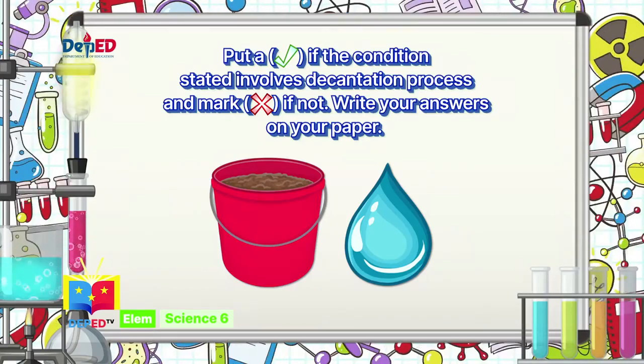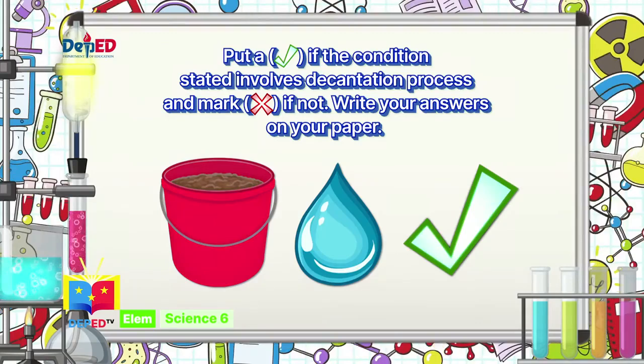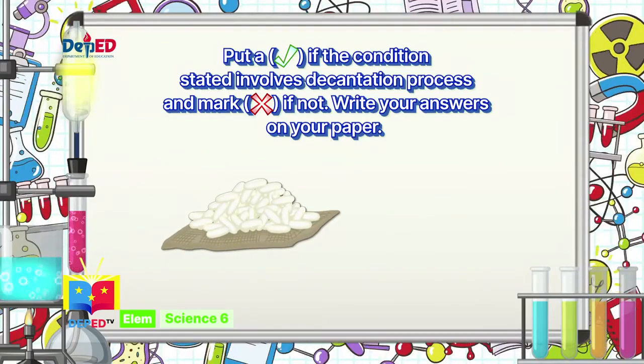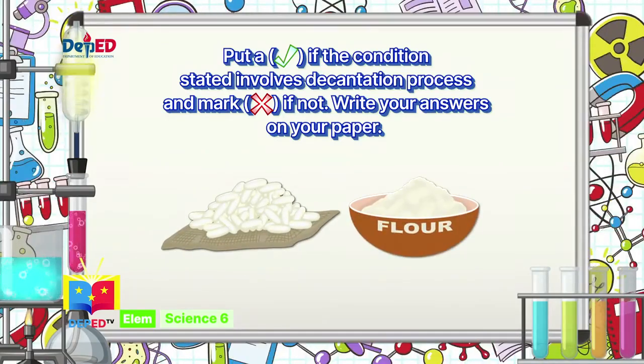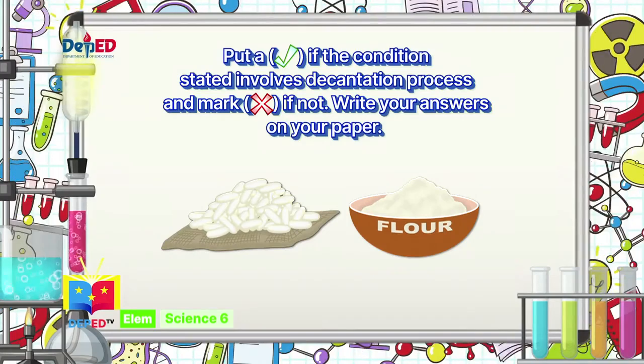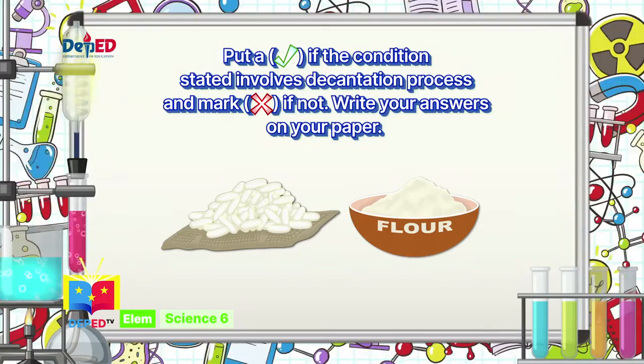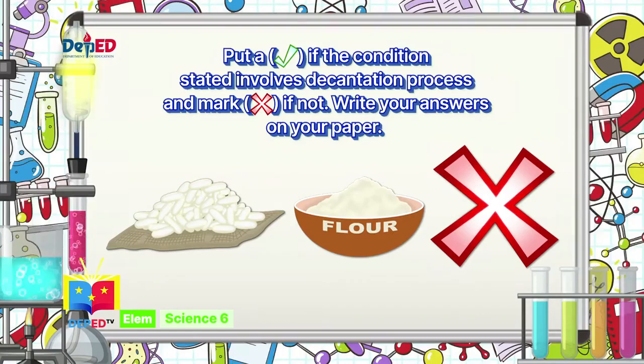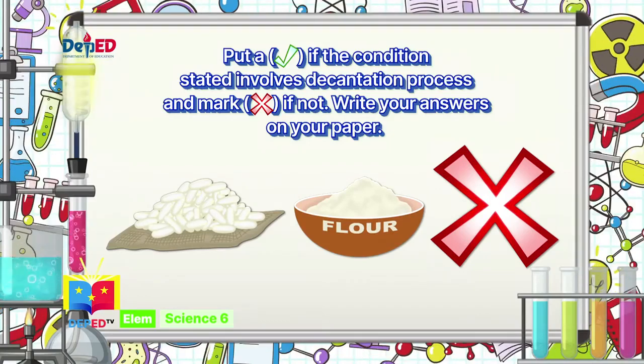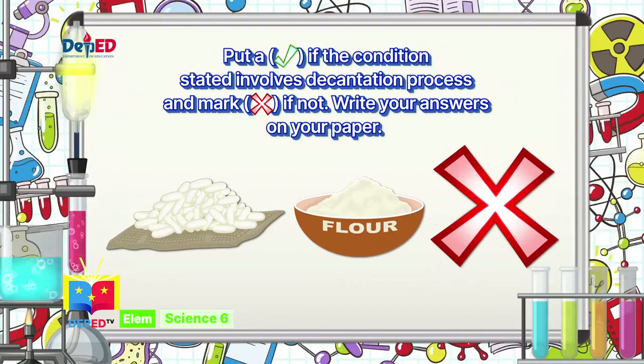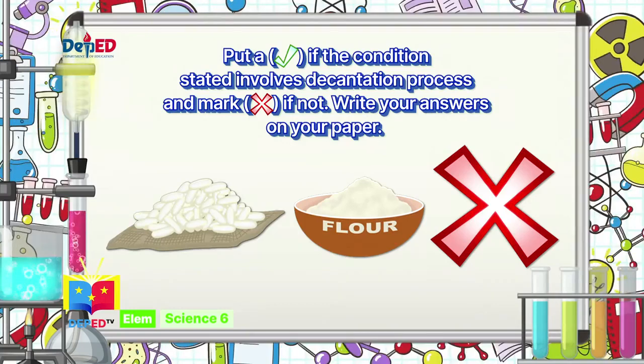The correct answer is check. Number 5. Rice grains and flour. The correct answer is X, since this mixture is separated through the process of sieving, not decantation.